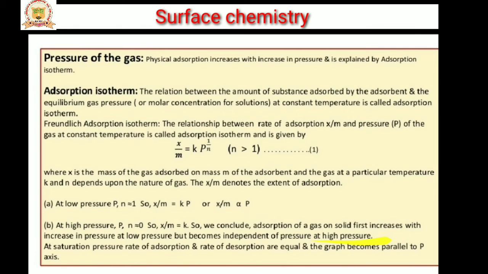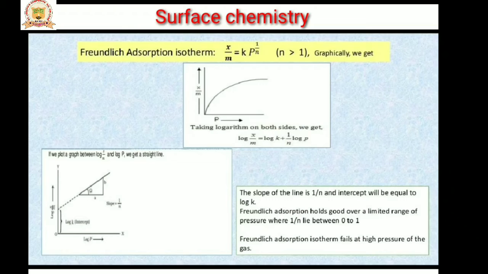Whenever the starting pressure is low, the extent of adsorption is directly proportional to the pressure. The curve will increase. Later on, as we increase to the higher pressure, the curve will flatten out. How does the curve flatten? See in this curve, at the start the extent of adsorption increases while increasing the pressure.